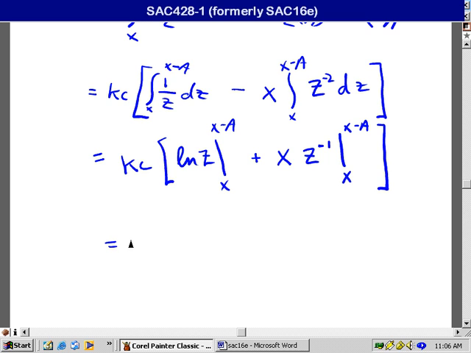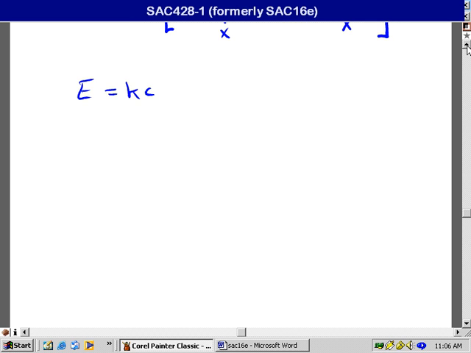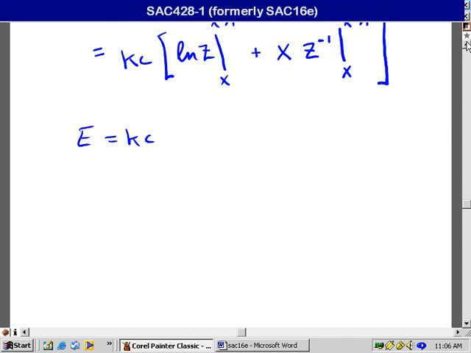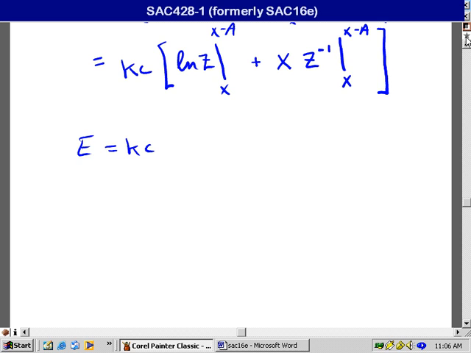And that's going to be equal to Kc. It's our electric field. Times the natural log of x minus a minus the natural log of x. But the difference in logs is the log of the ratio, so I'll call that natural log of x minus a over x.